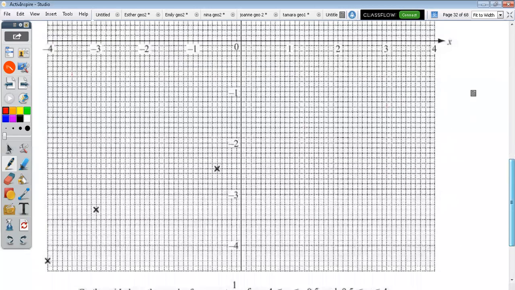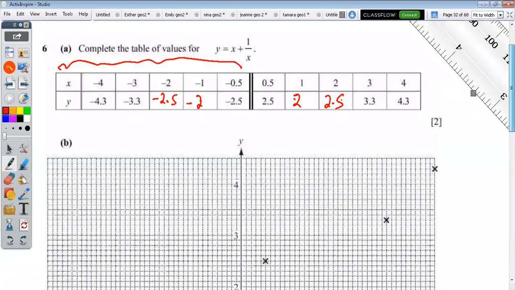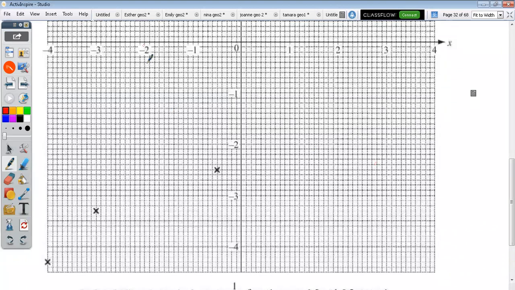Some of the points are done for us, so no need to do them. We do the one at 2 here, at -2. -2, you said -2.5. So I go there. -2 here. So I need -2.5.